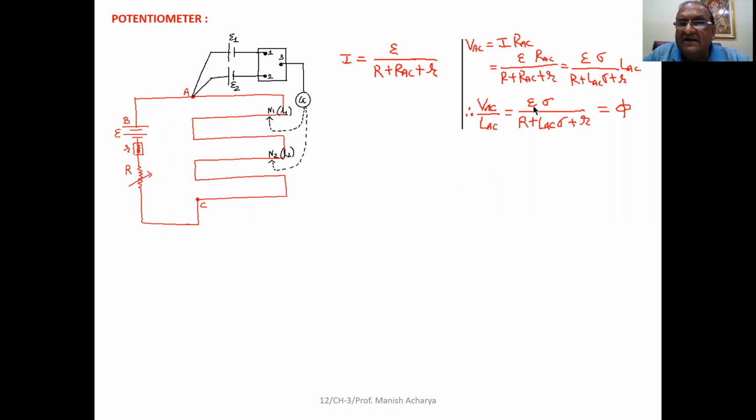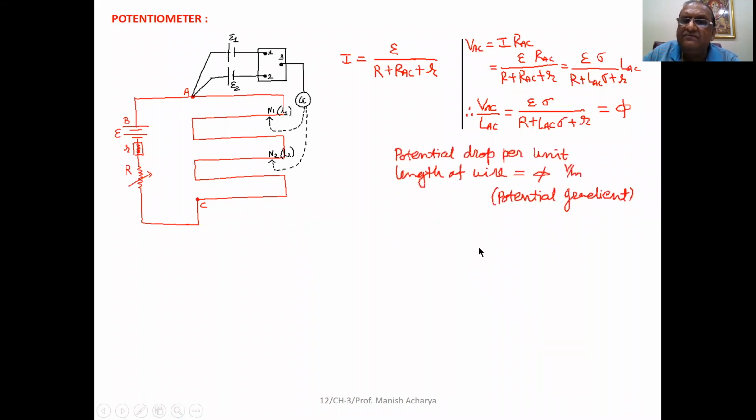So we can write that as E sigma upon R plus length of AC wire into sigma plus r, and this is denoted by phi. This is called the potential difference per unit length of the wire, that is potential gradient. Clear to all of you?